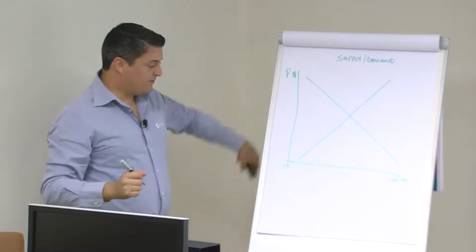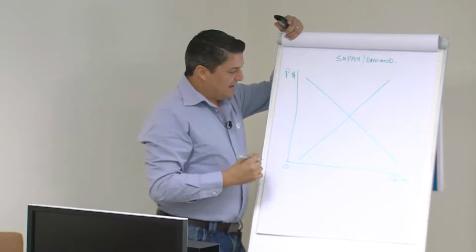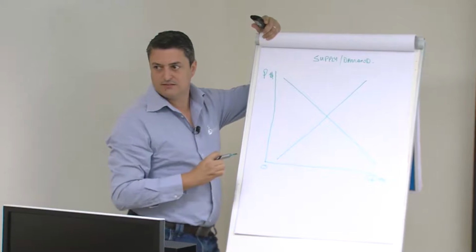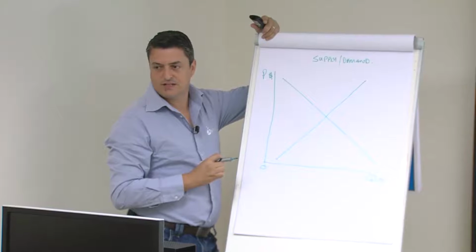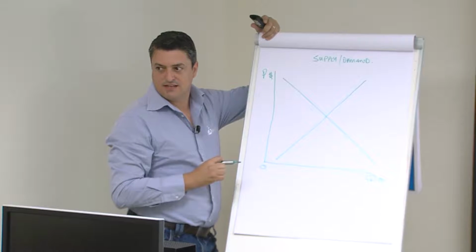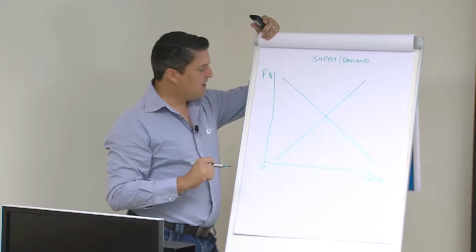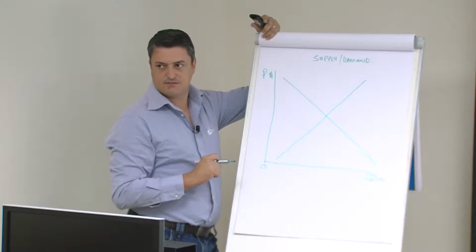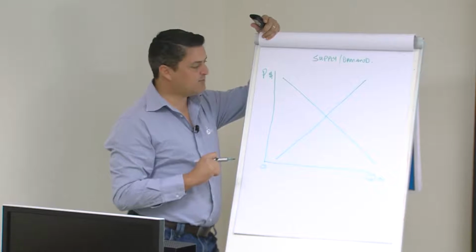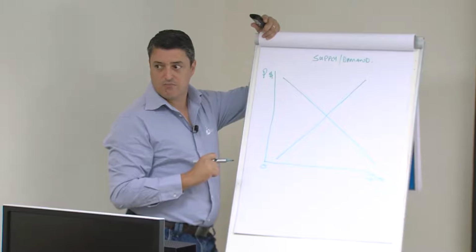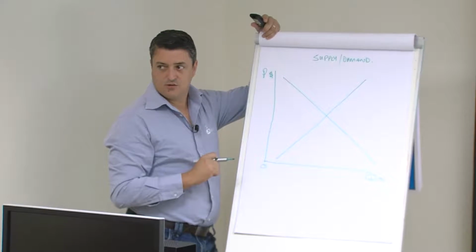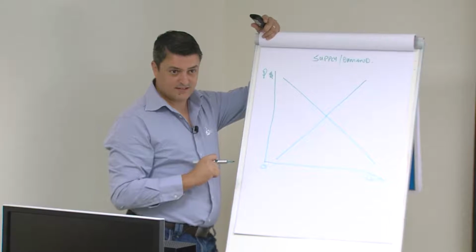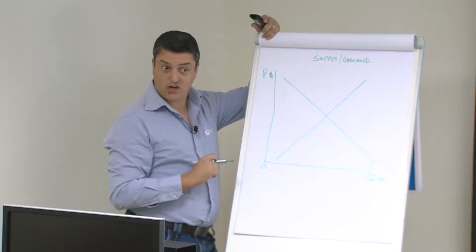Very quickly, if you have a look at these two lines, one of them represents supply and the other represents demand. Demand is the consumer. Where do you think a consumer is prepared to purchase items? He's prepared to purchase the most items when the price is lowest. Agreed? Yes. But supply is not.